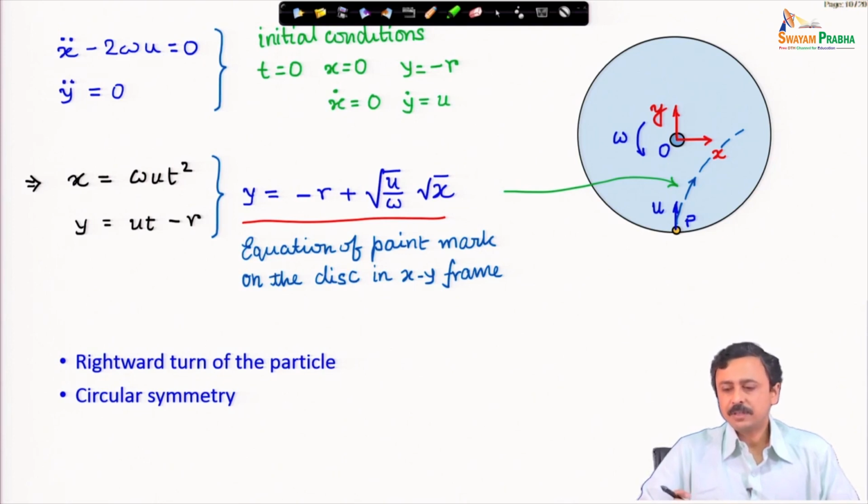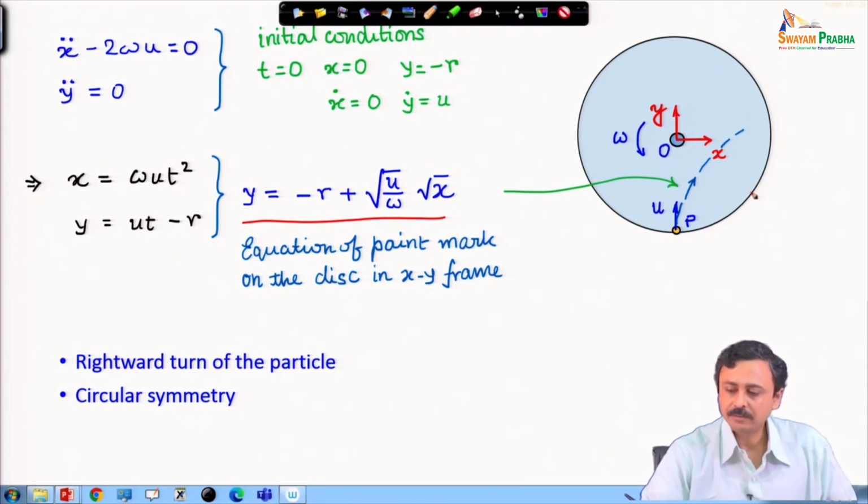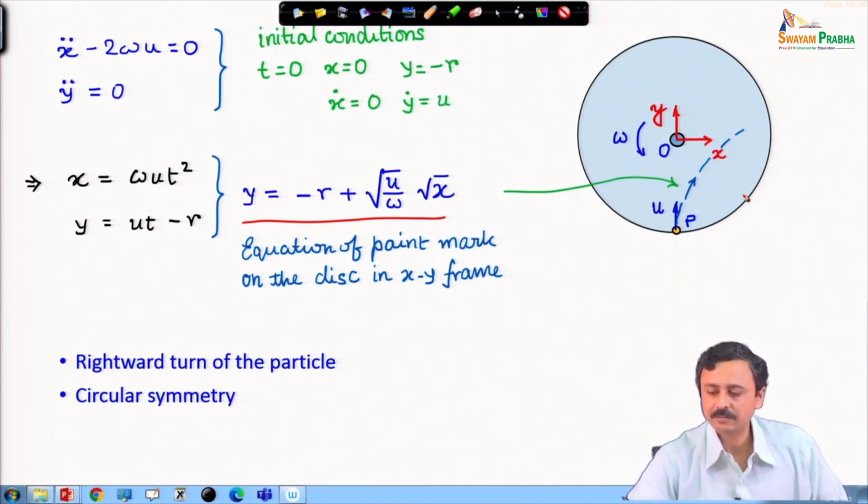Second thing, you observe that this feature will not depend on where you had started the particle from. By that I mean that if you had, instead of taking the simplifying assumption I started with, that it is on the y axis in the negative r, if I had started the particle from here, this observation would have remained the same.